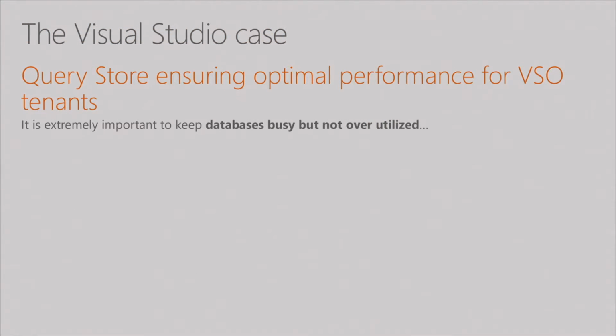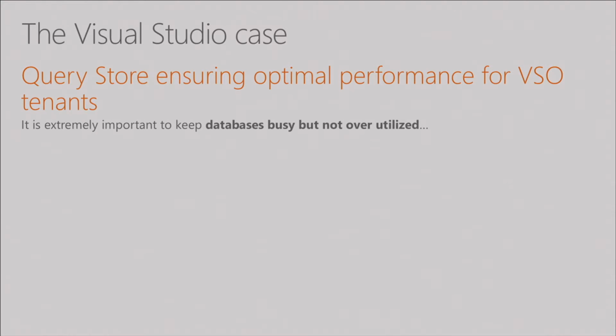I also want to tell you a story about Visual Studio Online. I mentioned them in the beginning. They are also operating as a SaaS vendor. They are running more than 100 highly packed databases.